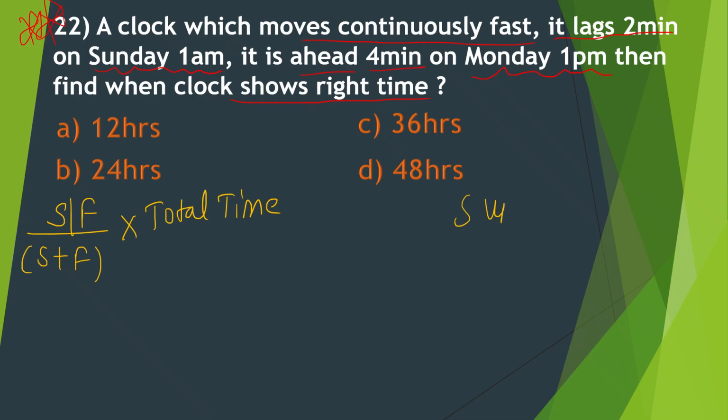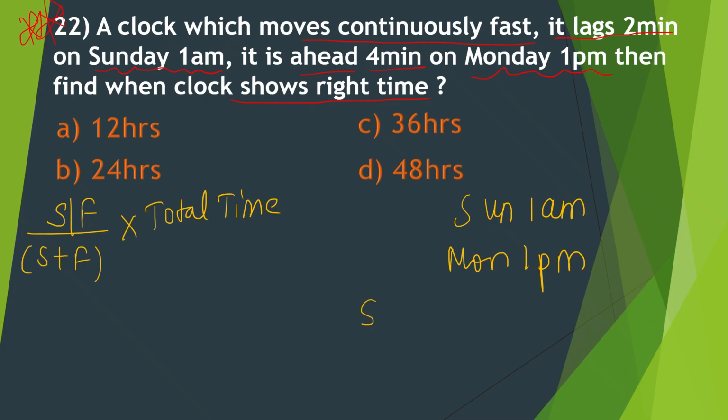Sunday 1 a.m. they have said to Monday 1 p.m. So how much total time? Try to find out that first. So total time will be 36 hours. How 36?